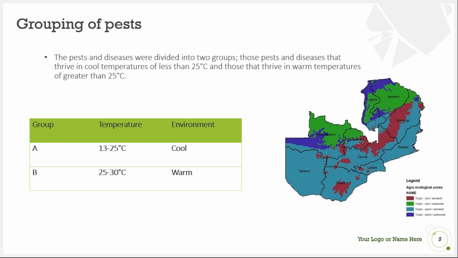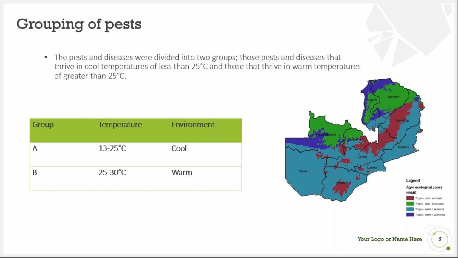Because we have tropic cool semi-arid, tropic cool subhumid, tropic warm semi-arid, as well as tropic warm subhumid, we thought it good to differentiate these into two groups based on those that thrive in the cool environment and those that thrive in the warm environment. Therefore, looking at the cool environment, the maximum temperature was around 25 degrees. So we used 25 degrees to divide the two groups.